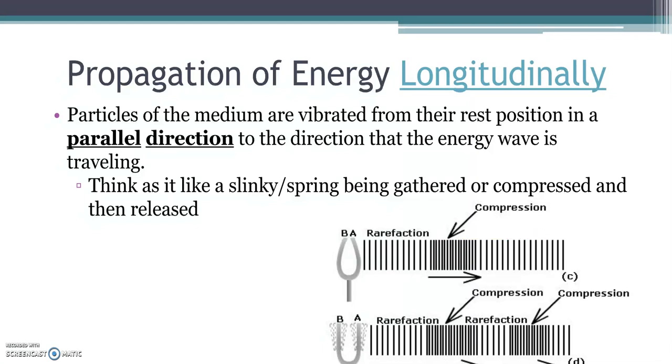And don't forget to add a single arrow pointing from left to right, showing the direction of the actual energy wave. All right, so that may be a little confusing. We'll touch back on this tomorrow. But that is the gist of longitudinal versus transverse propagation.